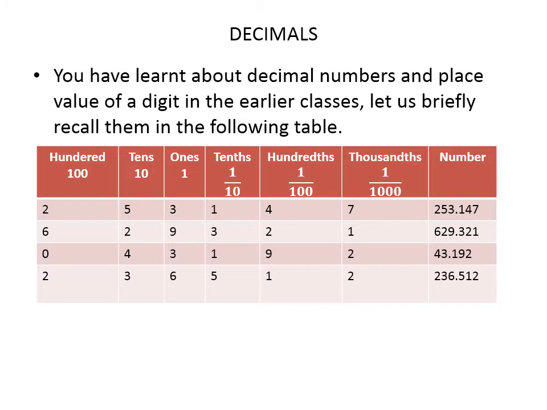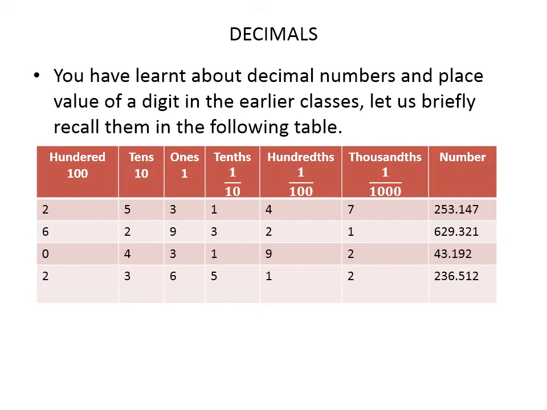Now in this table you are given only up to the hundreds place value of a digit. So we read the number as 2 is at hundreds place, 5 is at tens place, 3 is at ones place.